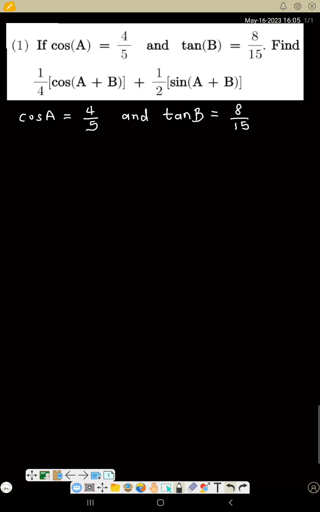So to find this, first use your right angle triangle to know the other trig ratios. So let's say this is 90.